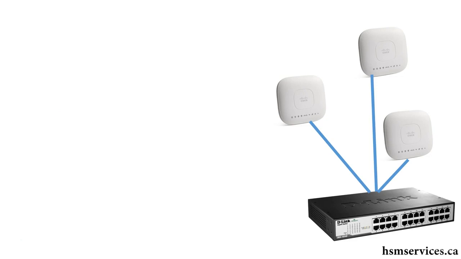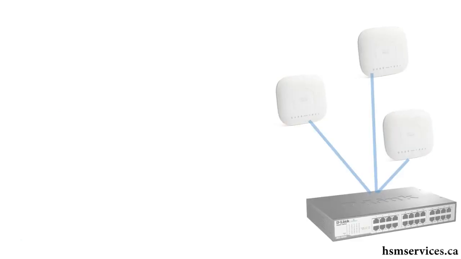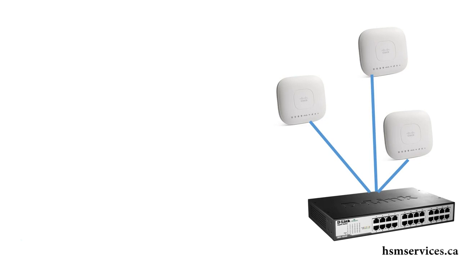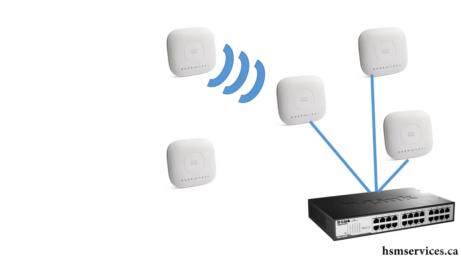Now let's say here's our main network, and we've got all our APs and they're all connected to the main switch because they're all within 300 feet of each other. You've got a whole bunch more APs out in the parking lot that are more than 300 feet away, and one of them says, hey, here's my signal.